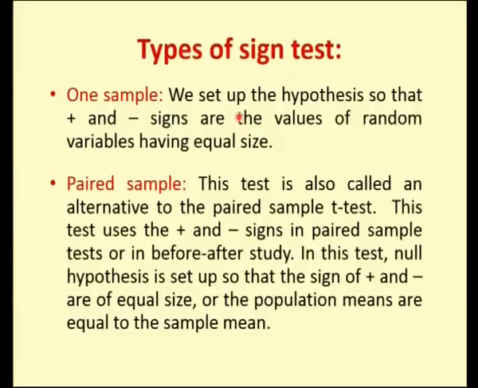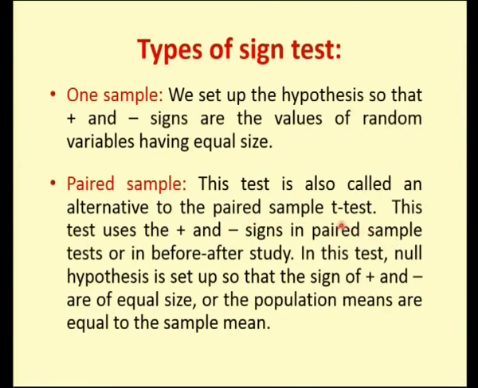What are the types of the sign test available? There are two types, namely the one sample test and the two sample test. In the one sample test, we set the hypothesis so that the plus and minus signs are the values of the random variables having equal size. Paired sample: this test is also called an alternative to the paired sample t test.